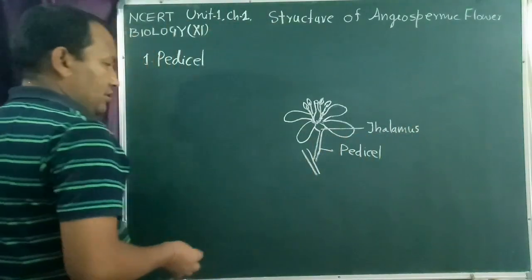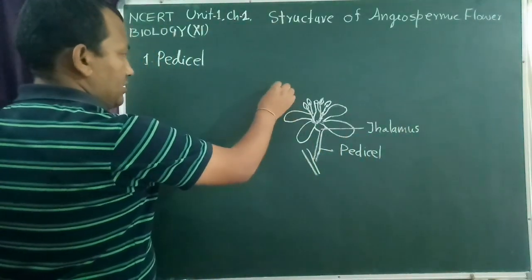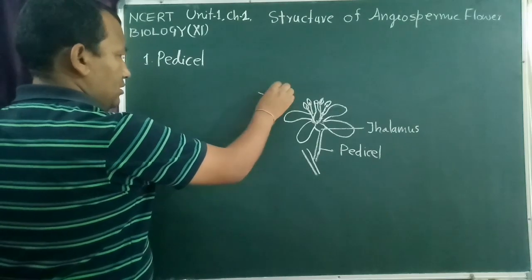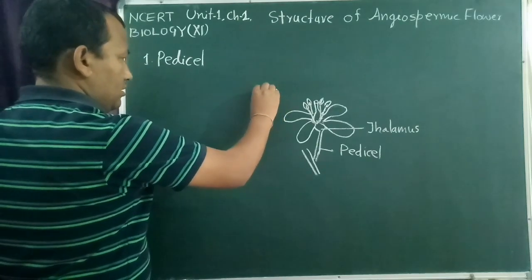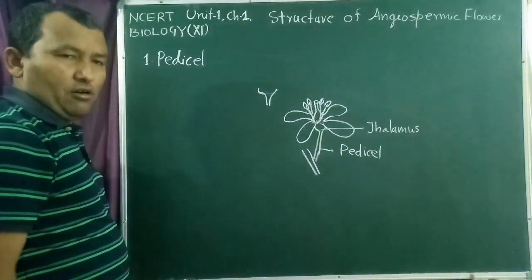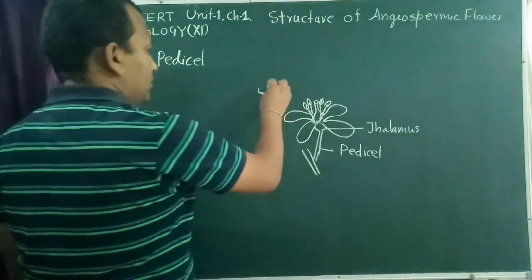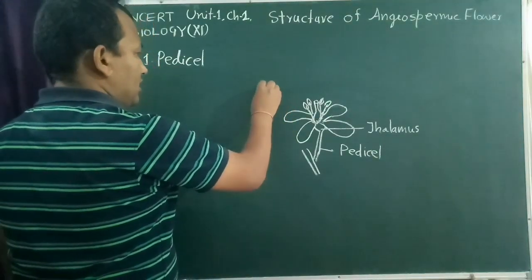Thalamus is a part, or you can say a base, where all the other parts of the flower are attached.